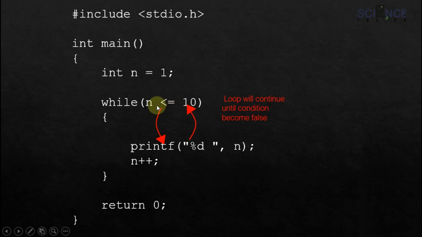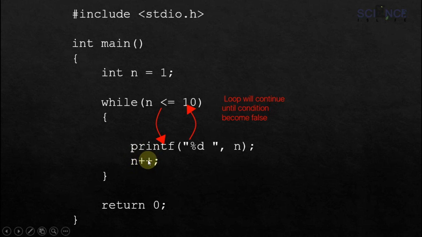So if we want to change the condition, we need to change our variable manually. So I am going to increment my n by 1 at the end of the while. After executing everything within the while loop, I am going to change the value of my n.